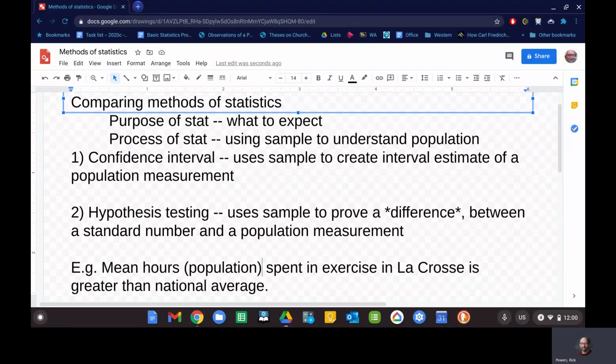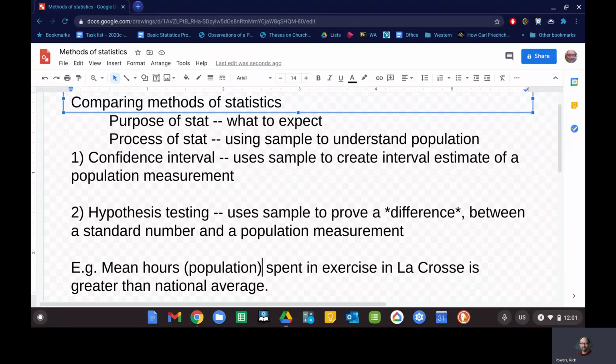And we have to be given what that standard number is. Now, as the course goes on, we're going to be using hypothesis testing in many different ways with many different situations. But here's where we start. The main idea, though, remains the same. We're trying to prove a difference. By using a sample, we're trying to prove some kind of a difference that's related to a population.